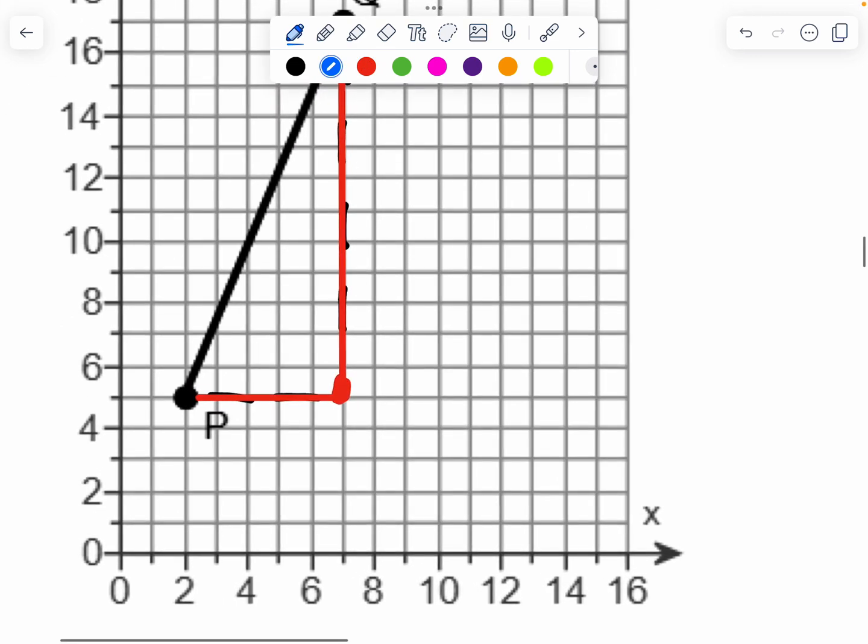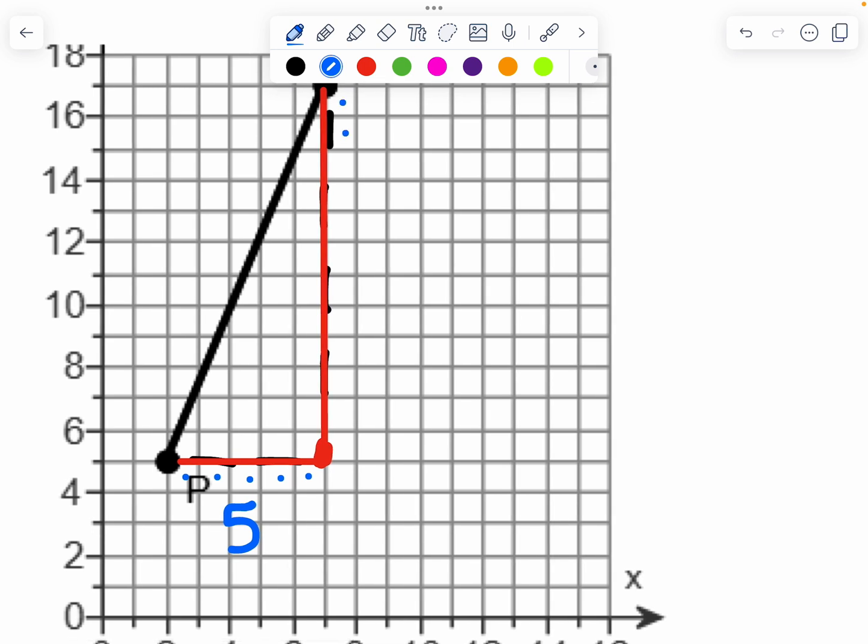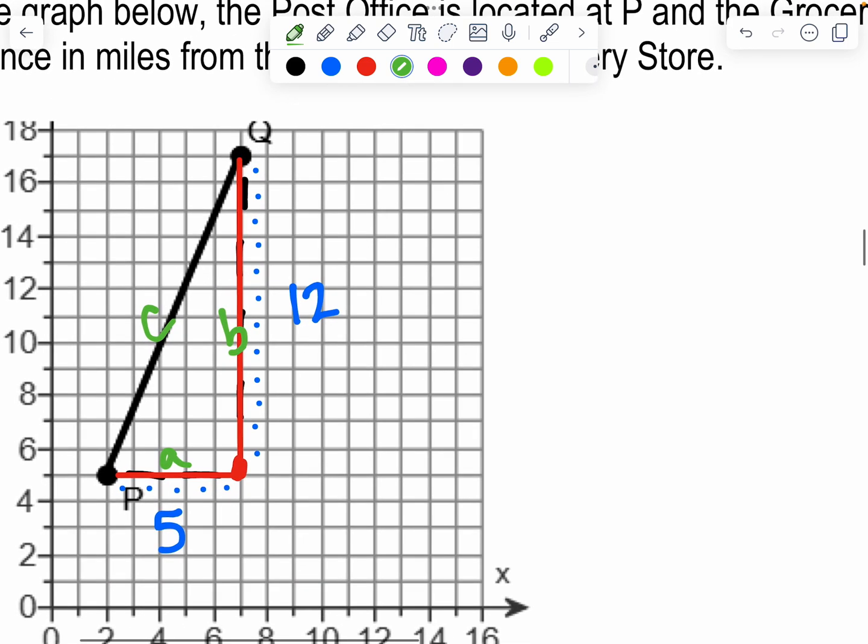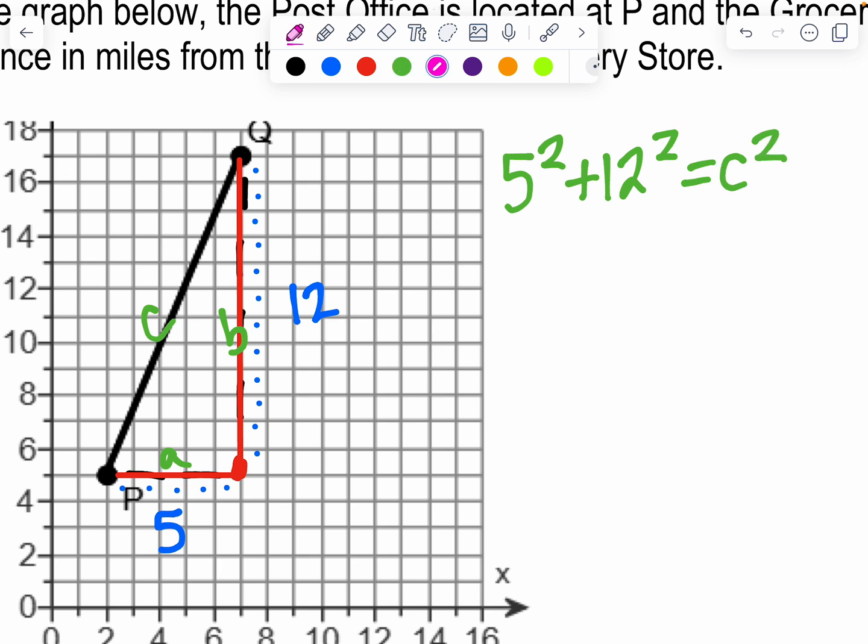Going to count my boxes. 1, 2, 3, 4, 5. 1, 2, 3, 4, 5, 6, 7, 8, 9, 10, 11, 12. Oops, I forgot to identify my A, B, C. So therefore I have 5 squared plus 12 squared equals c squared. 5 squared is 25, 12 squared is 144.